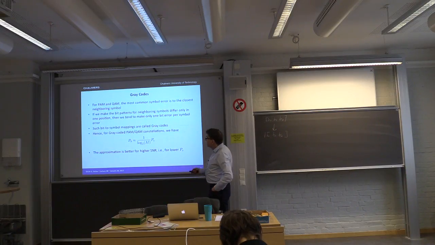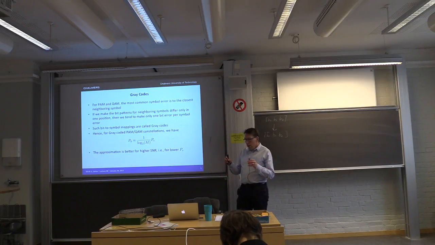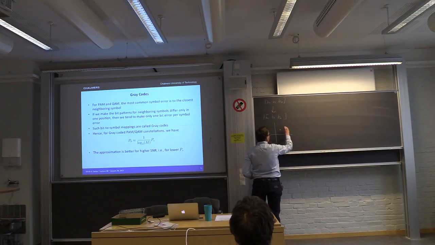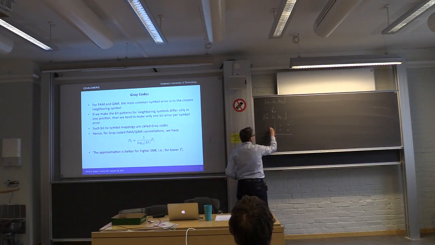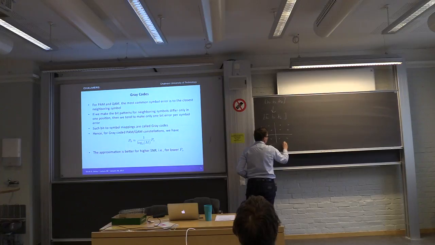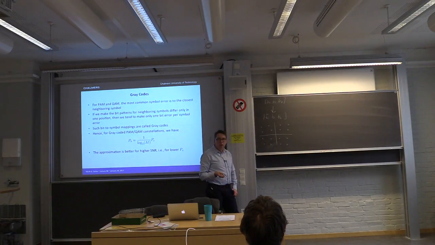Okay, so the idea is that when we have a constellation, like an 8 PAM constellation, something like this, where we have 8, now it happens to be 16 points, okay, so it's 16 QAM here.